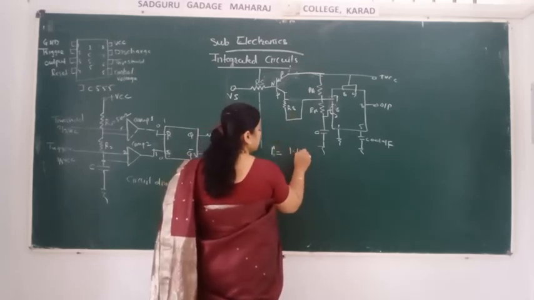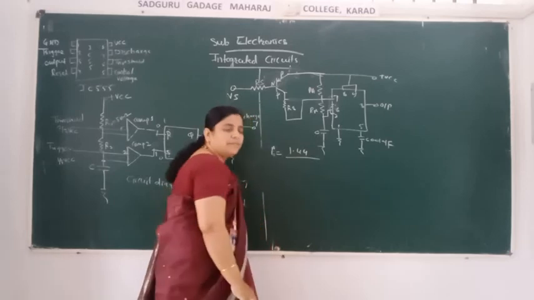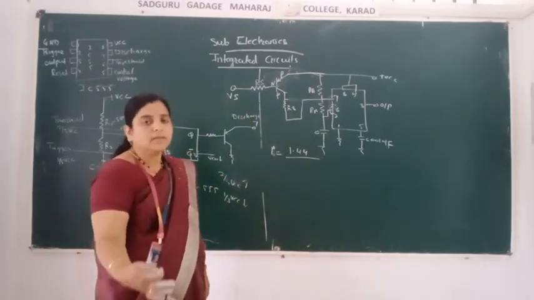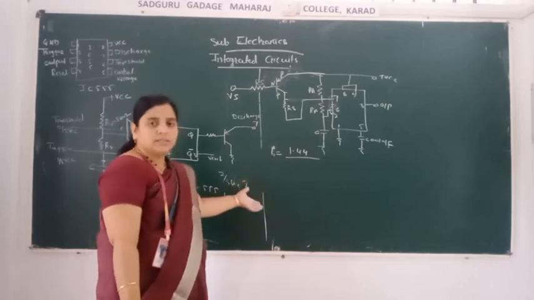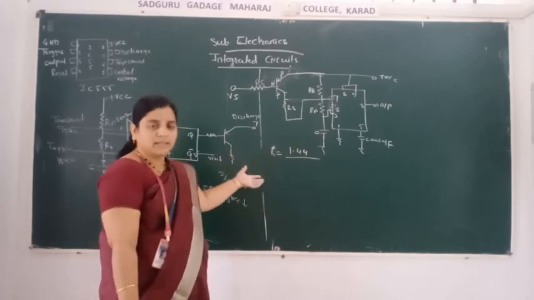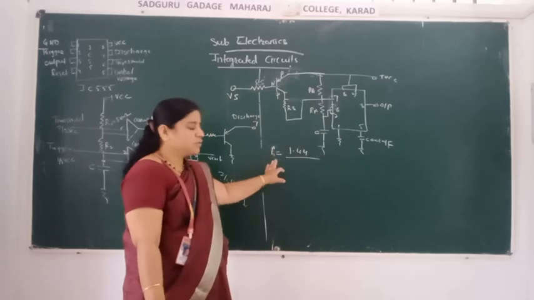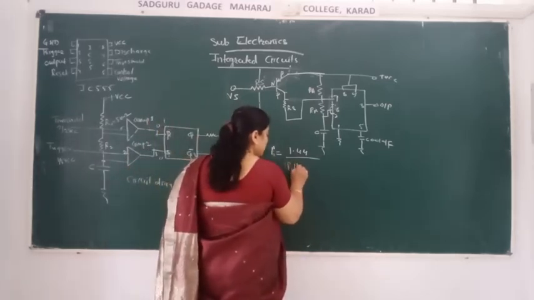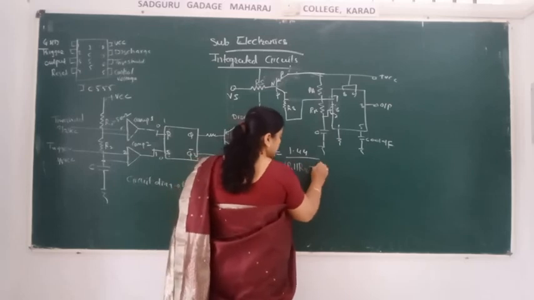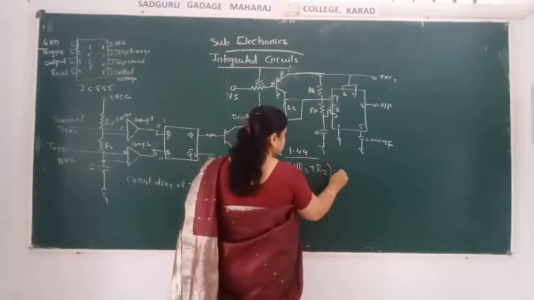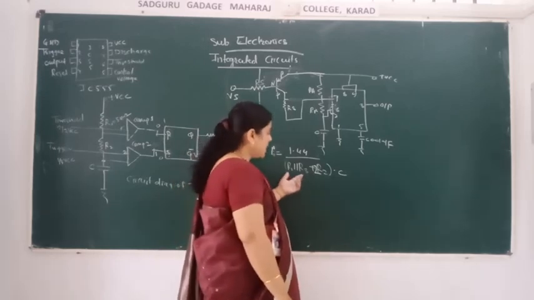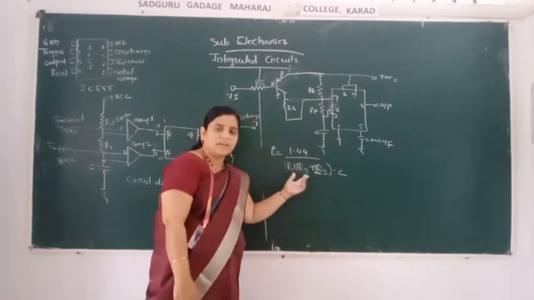We know the formula for the astable multivibrator: frequency F0 is equal to 1.44 divided by (RA plus 2RB) times C. We have seen that just before this circuit. So here F0 is equal to 1.44 divided by (R1 parallel to R3 plus 2R2) times C. Instead of RA and RB, we are taking R1 and R2.